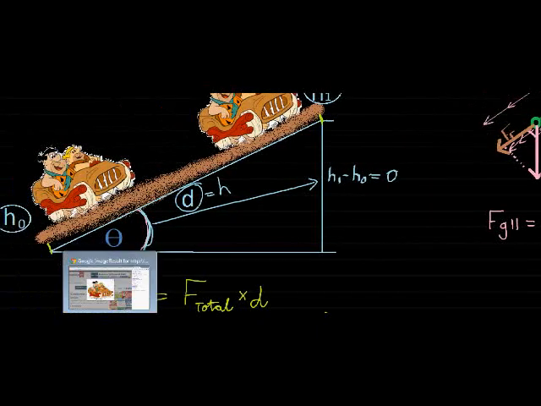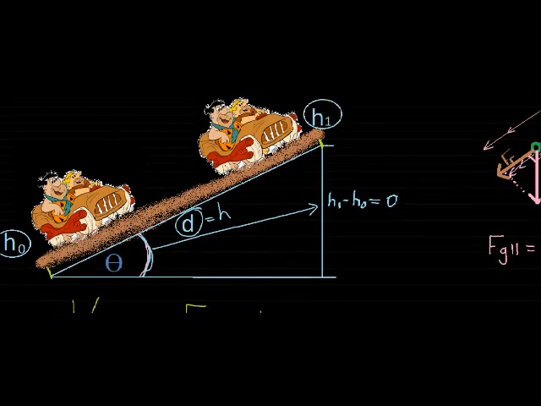Which means that O can actually be replaced. O represents the height, their change in height, from h0 to h1.